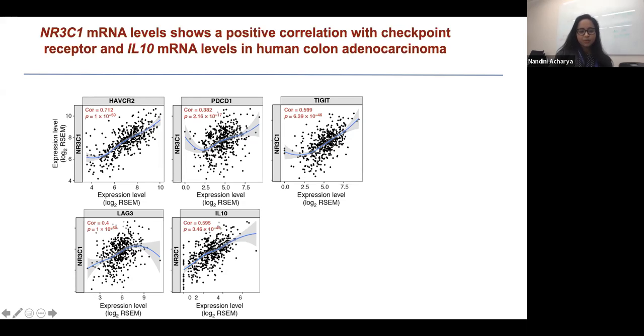So for all of these checkpoint receptors, TIM3, PD1, TIGIT, LAG3, and the immune suppressive cytokine IL-10, the level of NR3C1 directly correlated with the expression of these various genes we checked.